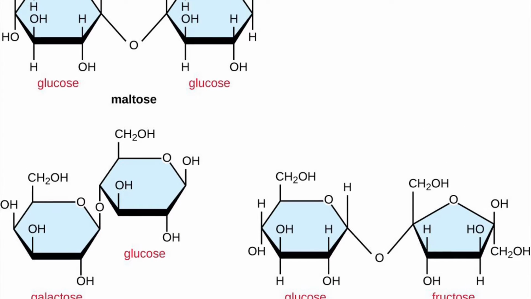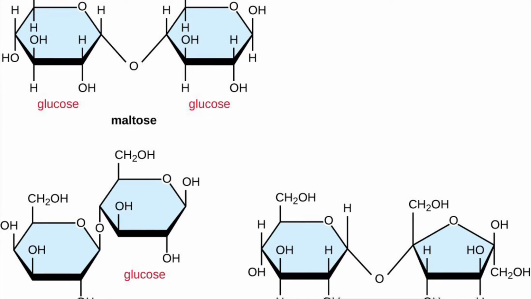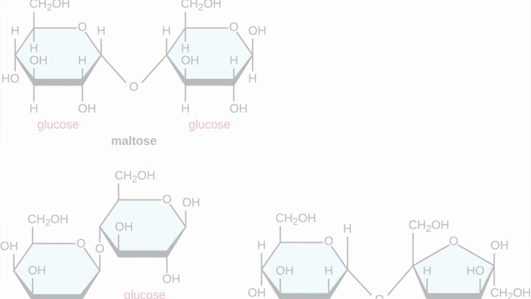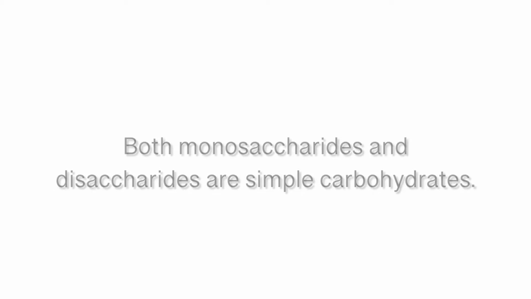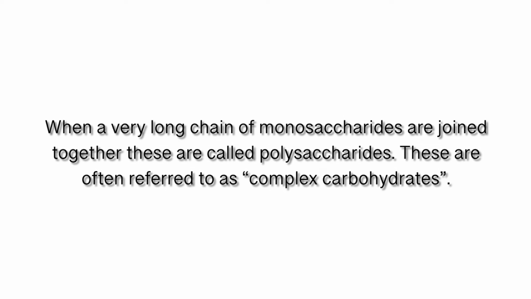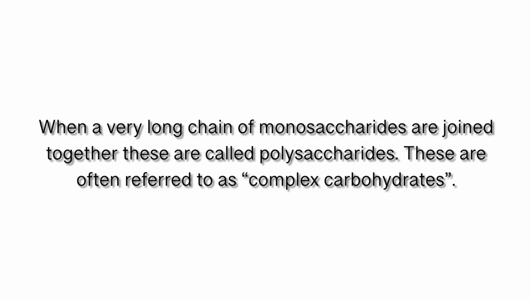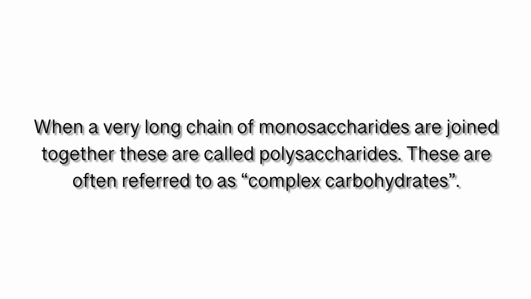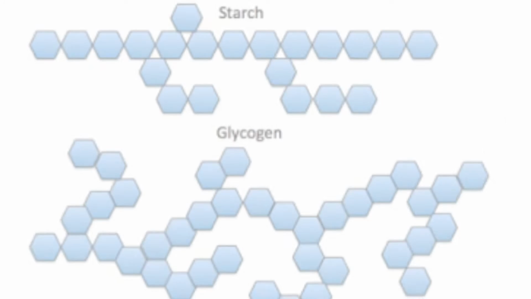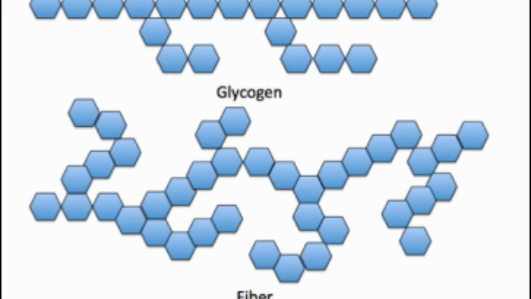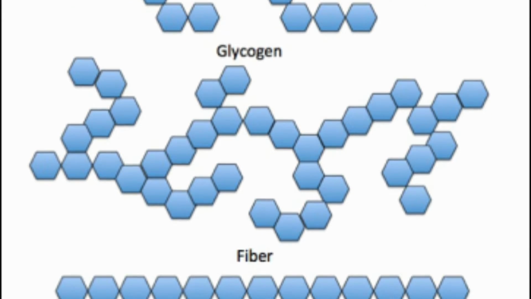Types of disaccharides include sucrose, lactose, and maltose. Both monosaccharides and disaccharides are simple carbohydrates. When a very long chain of monosaccharides are joined together, these are called polysaccharides. Polysaccharides are referred to as complex carbohydrates, and some examples include starch, glycogen, and dietary fiber.